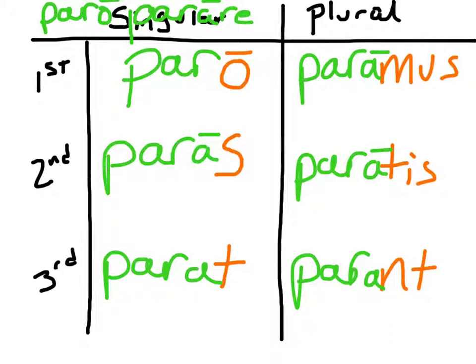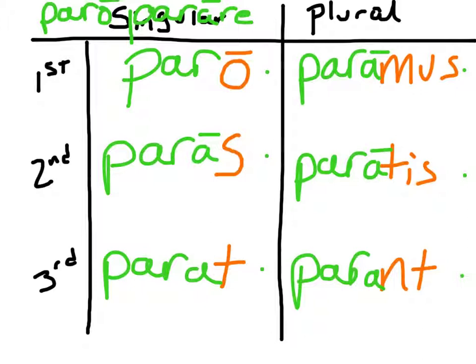So this is the verb I prepare or make ready for, you prepare or make ready for, he, she, or it prepares, we prepare, y'all prepare, and they prepare. Paro, paras, parat, paramus, paratis, parant.